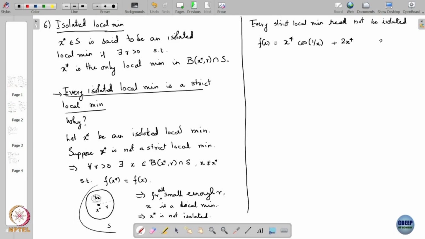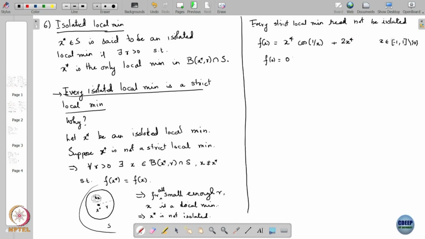Okay, and let us take this in say minus 1 to 1 except 0. At 0, you define f of 0 as 0.